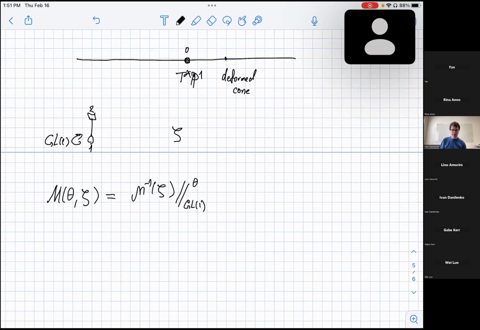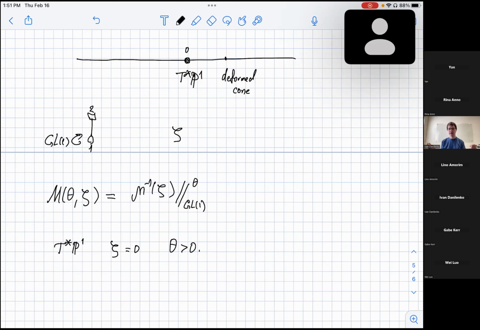So I get T star P1 when zeta is 0 and theta is not 0. Oh, sorry, it will be positive. If I take the negative one, I'll get T star of the dual P1. So this is how you get the family.